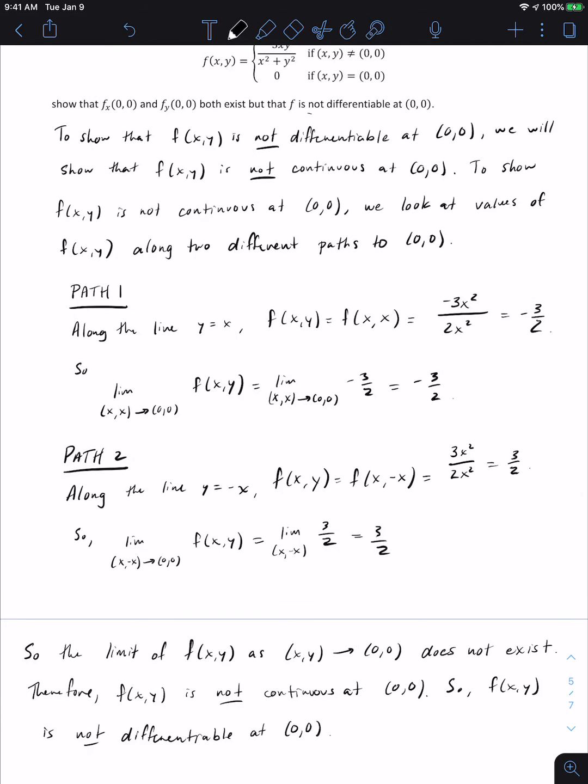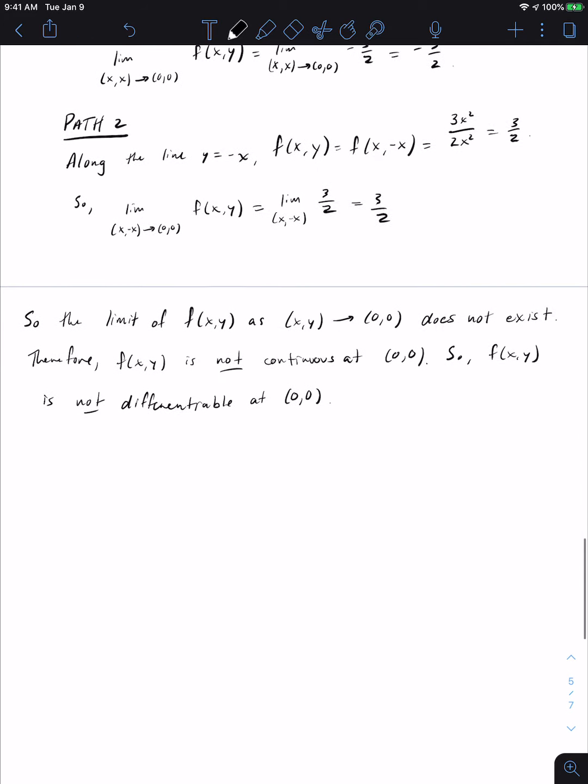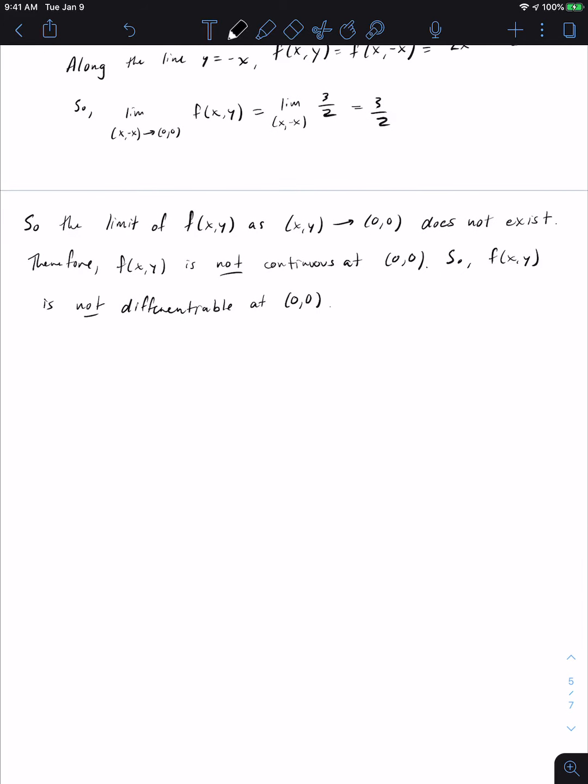The idea is we showed that it's not differentiable even though the two partial derivatives do exist, right? So now let's show that the two partial derivatives do exist.